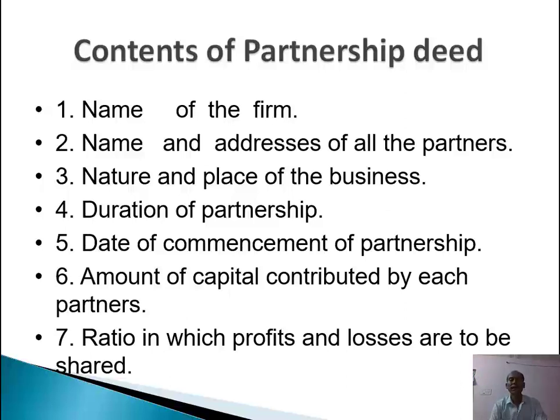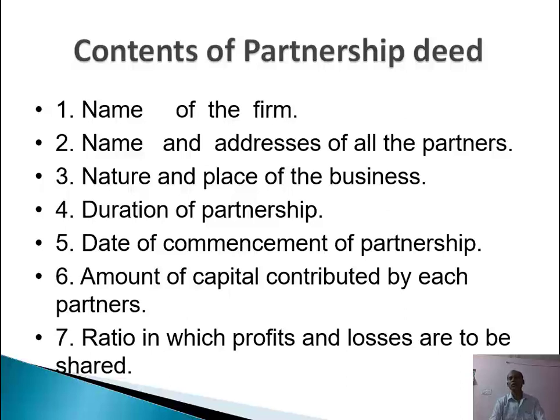And the place of the business. If the business is started in Malkajgiri, it should be clearly mentioned that the business is carried on at the premises in Malkajgiri, or ECIL, or Nagar Karnool, or Karimnagar. The place must be mentioned in the deed.